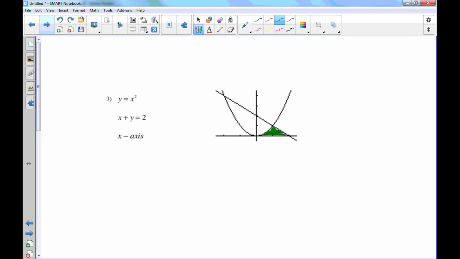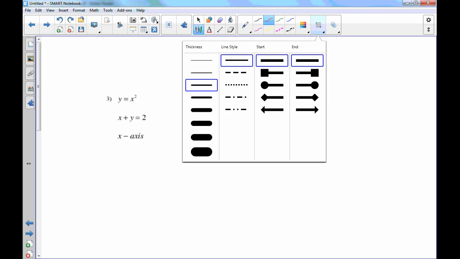Okay, now we've been doing top minus bottom, right? But what's the top function? Yeah, there's two. So you have some options here.